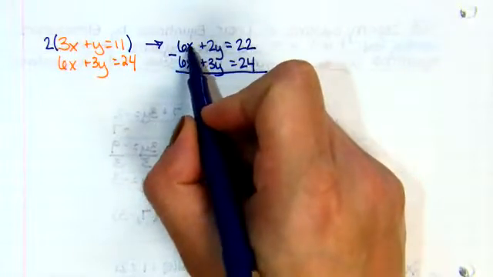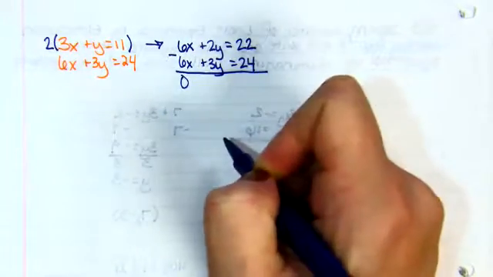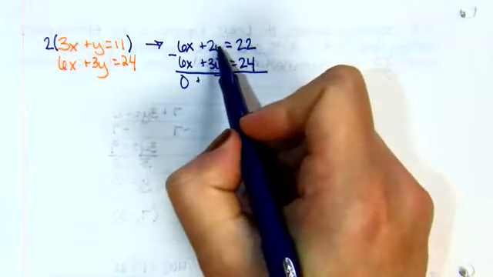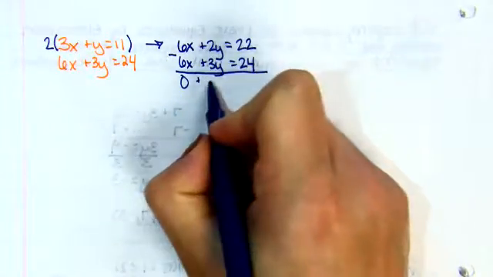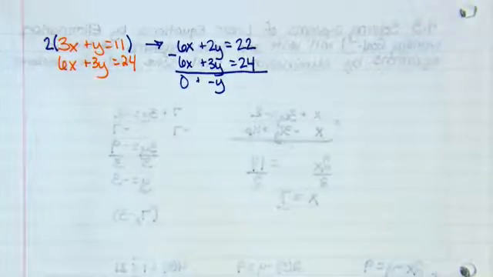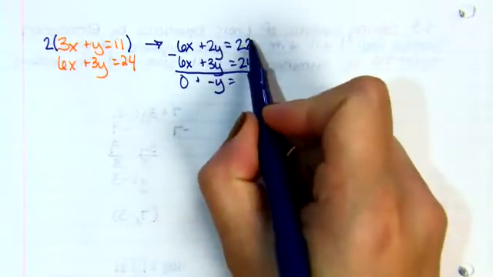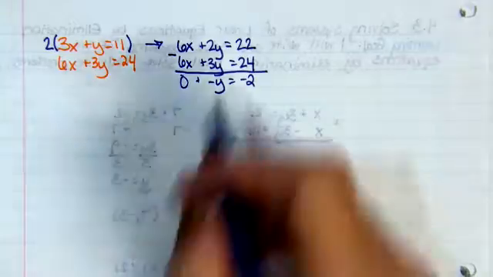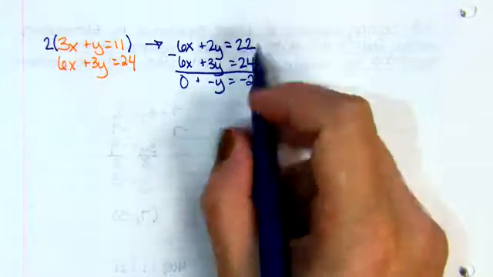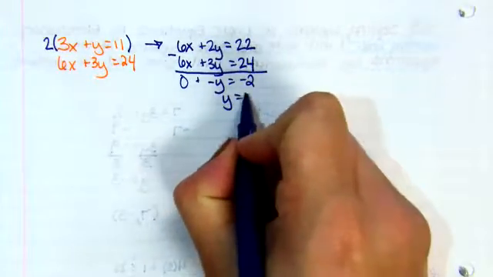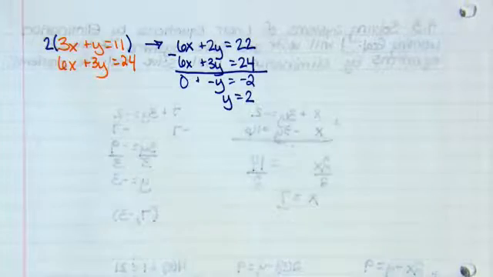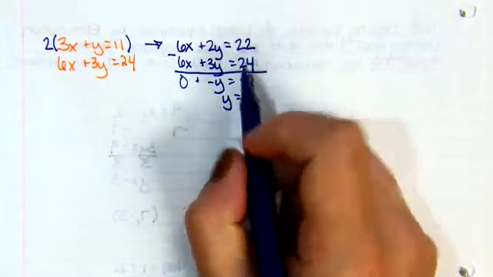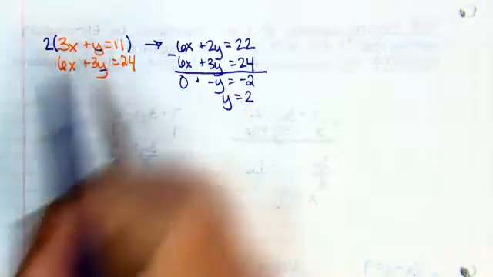So when I subtract these, 6x minus 6x is 0, plus 2y minus 3y is a negative y, and 22 minus 24 is negative 2. If the opposite of y is negative 2, then y is going to be a positive 2. Now I take this and I substitute it for either y.